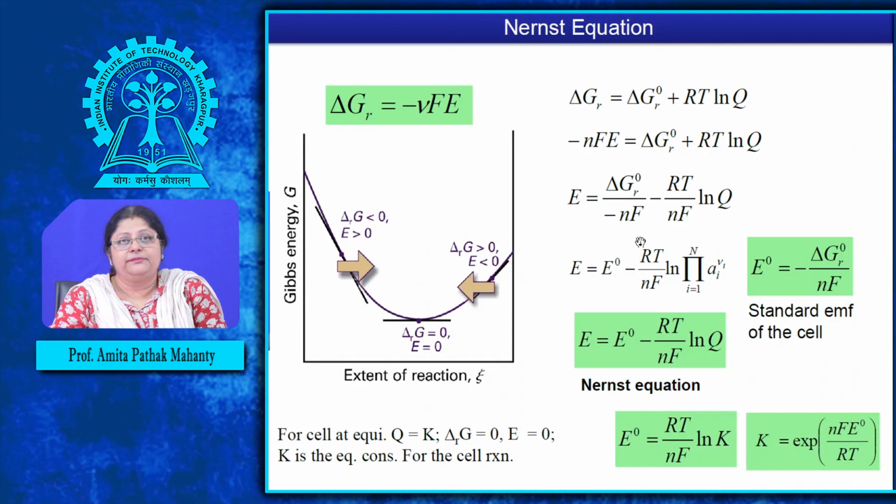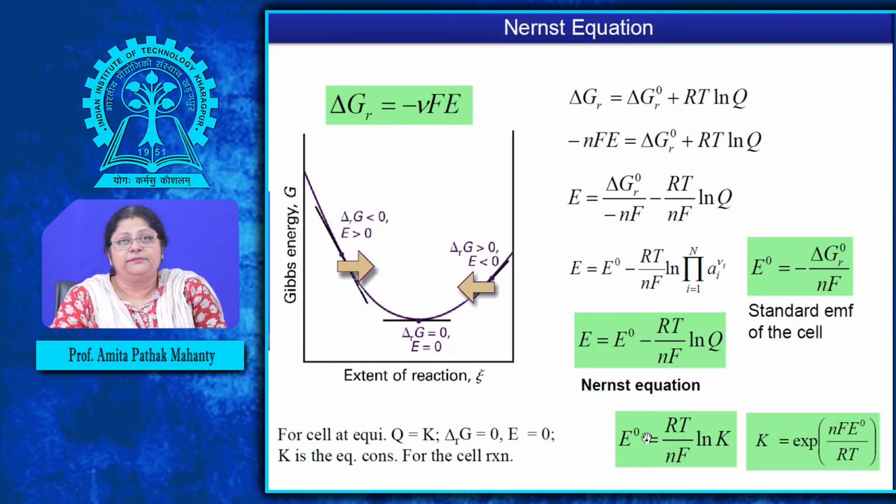For a cell at equilibrium, Q equal to K, delta G reaction becomes equal to 0, and E becomes equal to 0. So this becomes equal to 0, and then you can find out what E naught is. So how do you evaluate E naught?